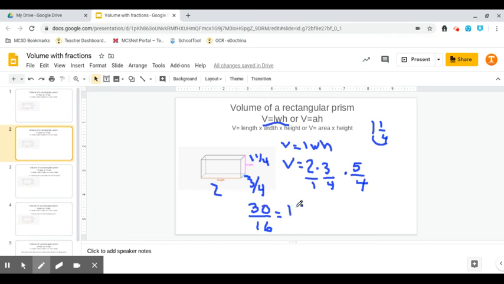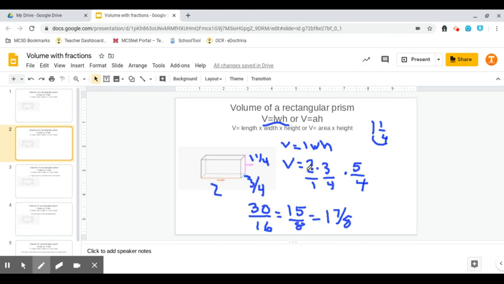I could simplify this to 15/8 by dividing both sides by 2. So I cut it in half and I have this. Now make it back to a mixed number. 8 goes into 15 one time. There's 7 pieces left out of a denominator of 8. So 1 and 7/8 units cubed.